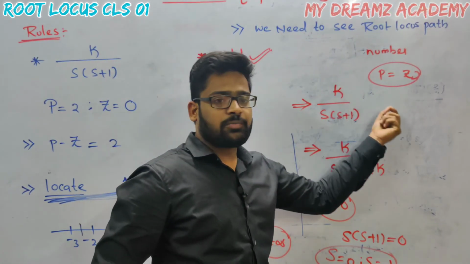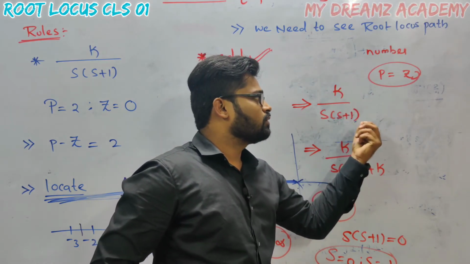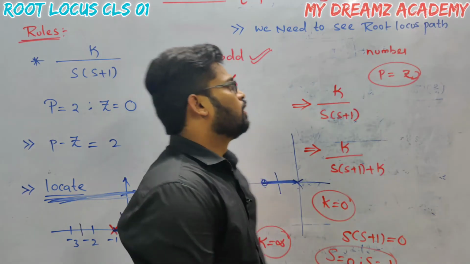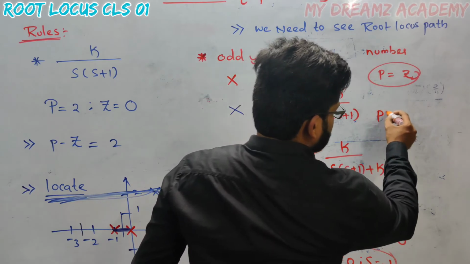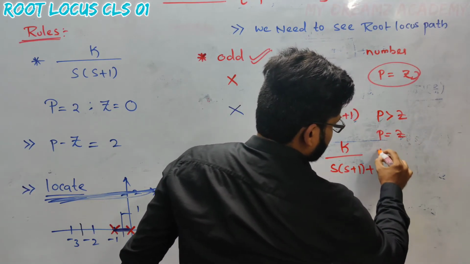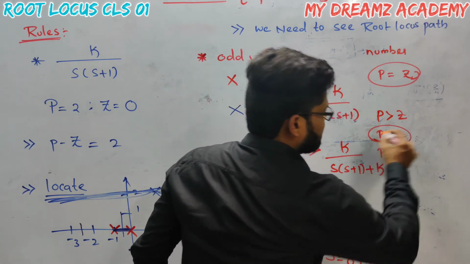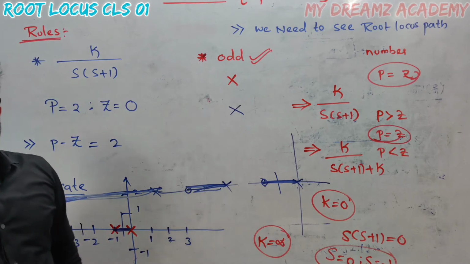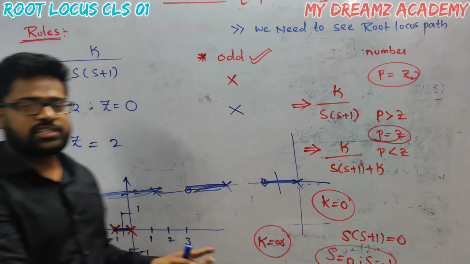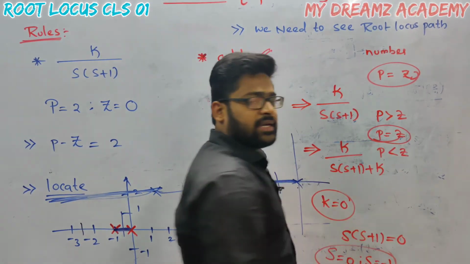But if the number of poles is equal to the number of zeros, then the pole reaches the zero. There is no problem with this condition, that is P equals Z, the number of poles equals the number of zeros.